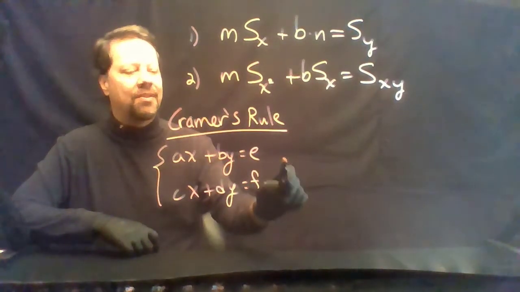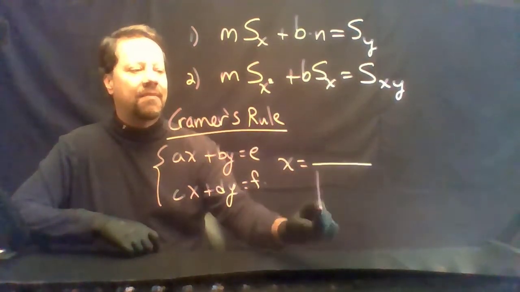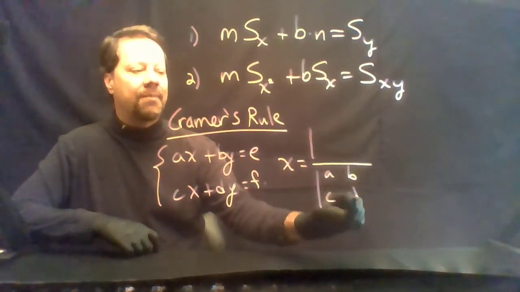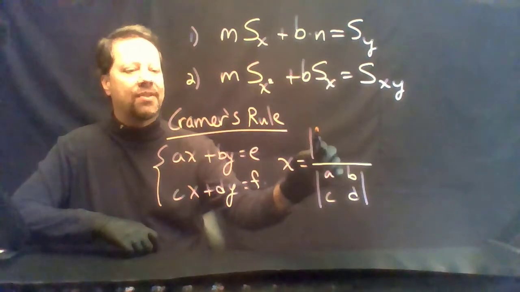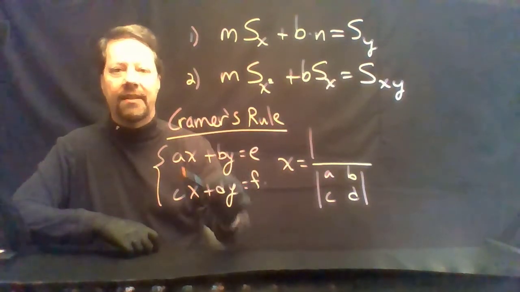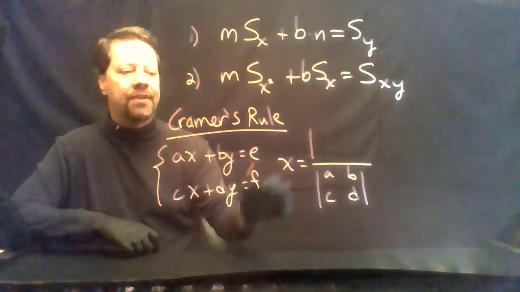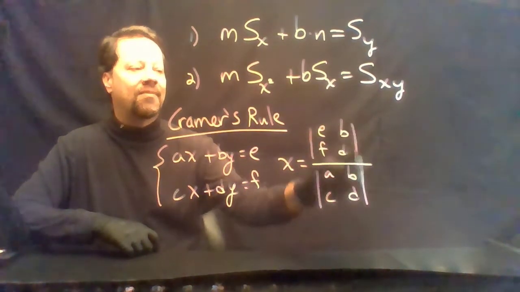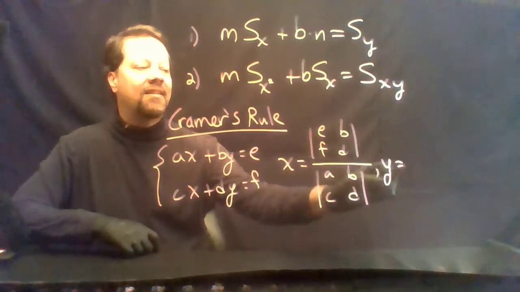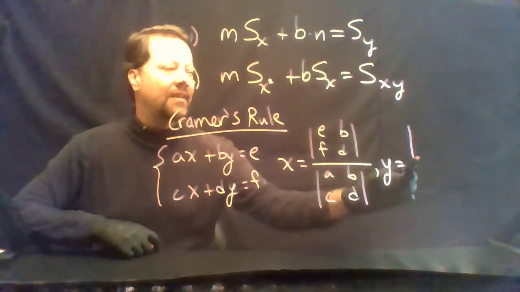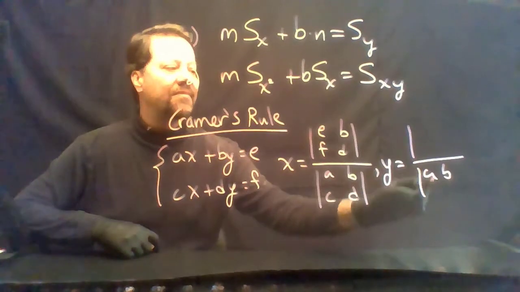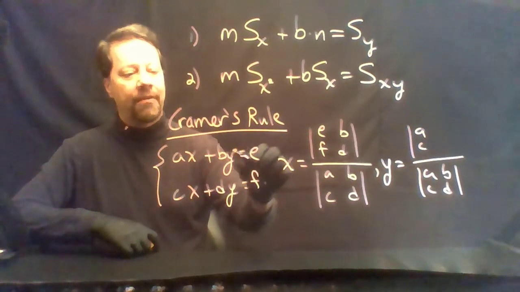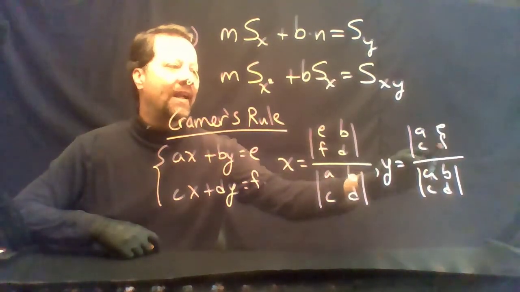Cramer's rule says that the solution is x equals a fraction where the denominator is the determinant of the coefficient matrix, whereas the numerator is the determinant of the same matrix but with the x coefficients replaced by the right-hand sides. And the y-coordinate of the solution has the same denominator, but the y coefficients are replaced by the right-hand sides.